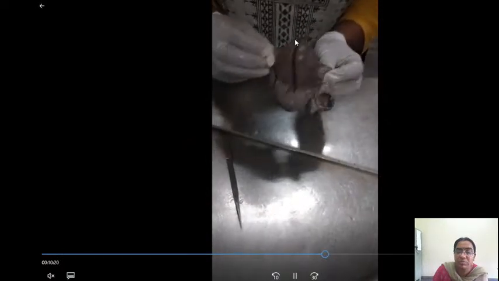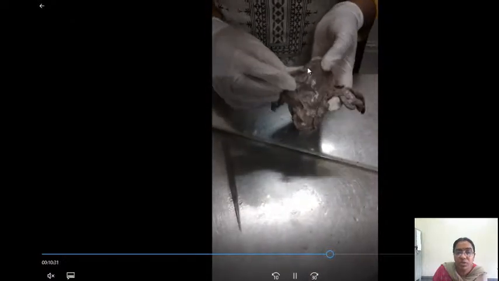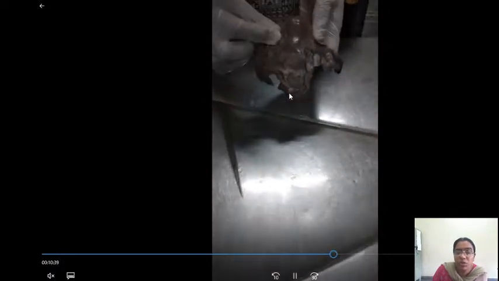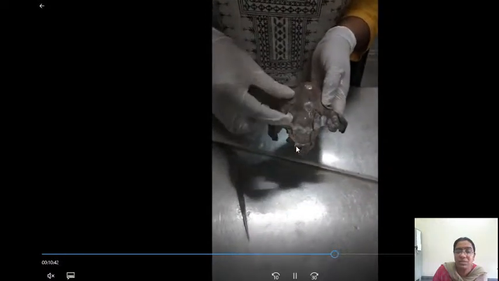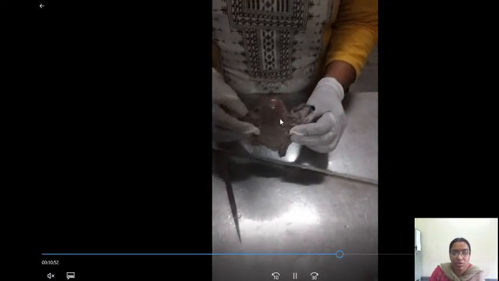Next, the part we see is the body of the uterus. So this is the body, beneath the uterine tubes. Above the uterine tube is the fundus. Below the uterine tube, from the lower border of the uterine tube to the isthmus, is called the body of your uterus. Seen from the back also, this is the body, and this part is the fundus.